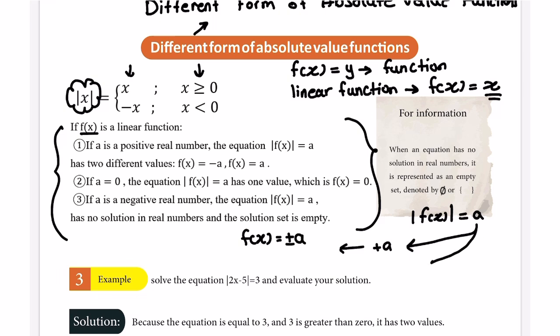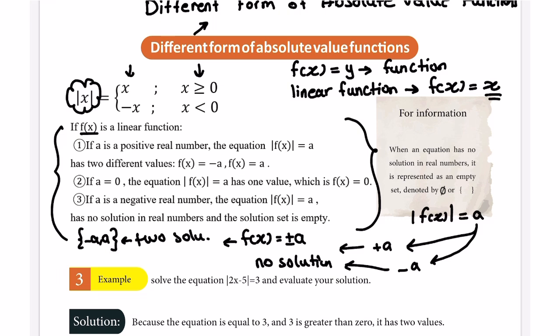However, if this one is negative a, it means no solution. You write it like that, negative a and a in set notation, but in this case you have an empty set here, just like that, okay?